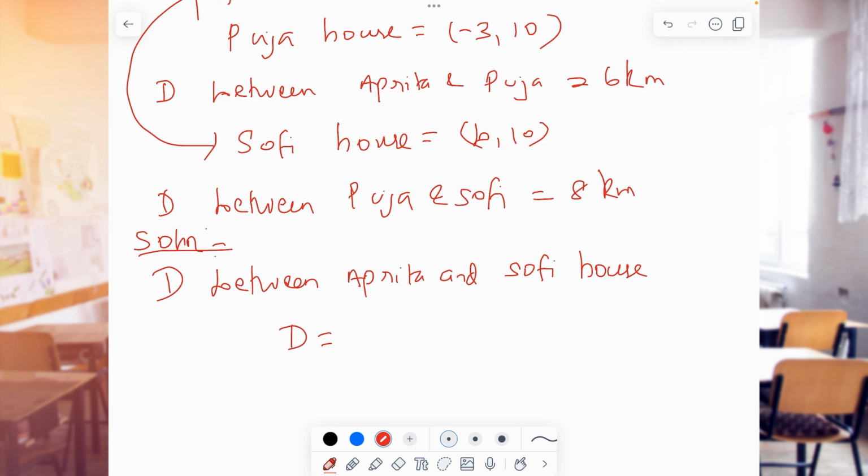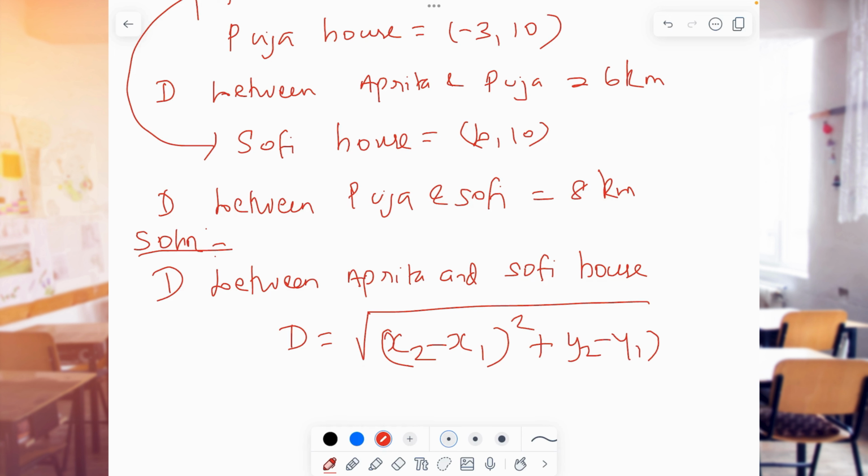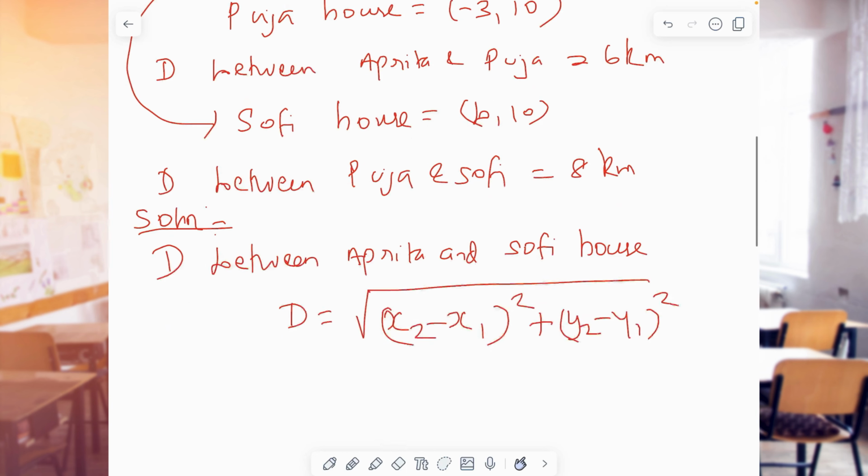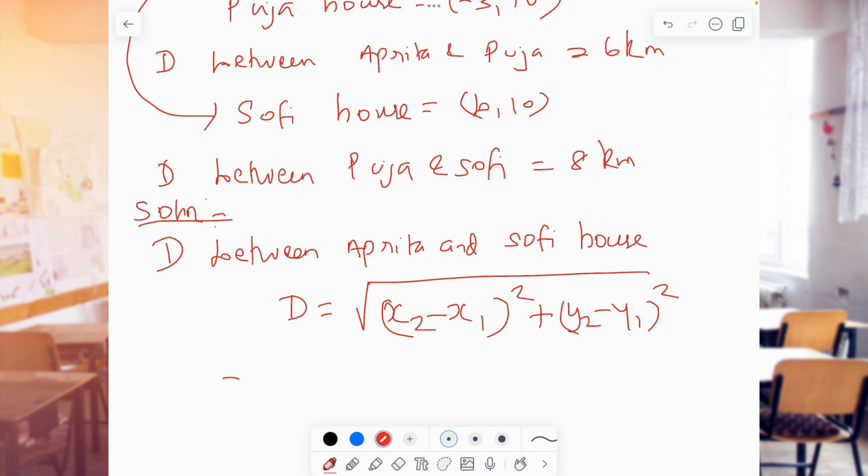D is equal to root of x2 minus x1 the whole square plus y2 minus y1 the whole square. All right, so the distance between the 2 points, so now let us write the 2 points. What are they? Minus 3 comma a, and b comma 10.